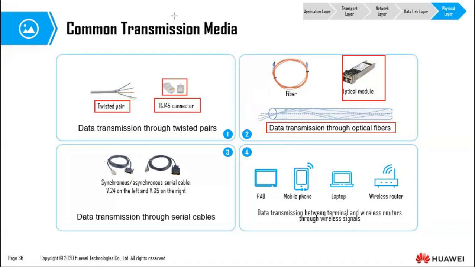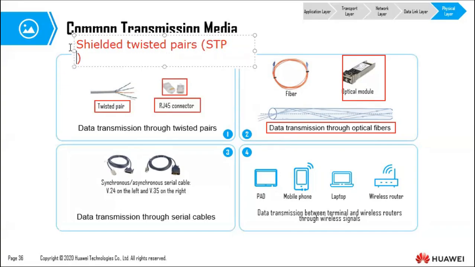We have what you call shielded twisted pair, STP, and we also have unshielded twisted pair, UTP.